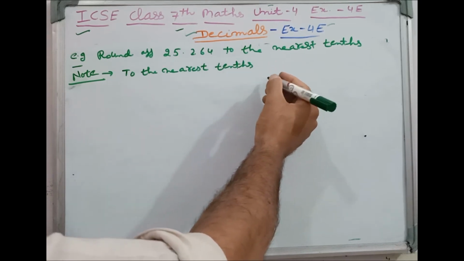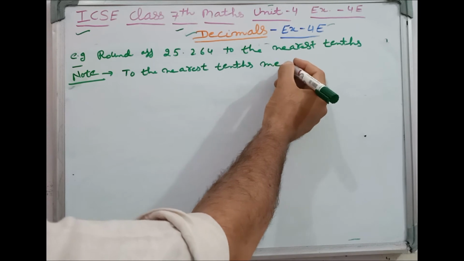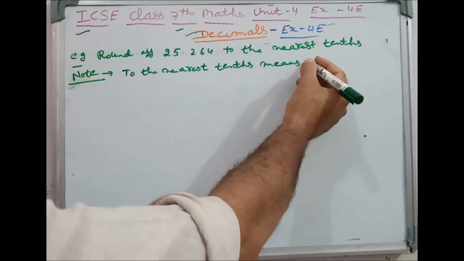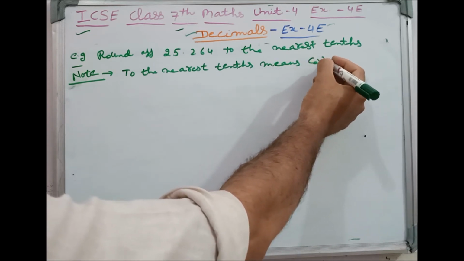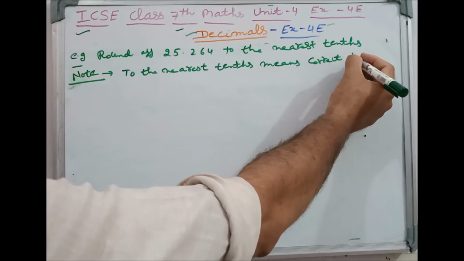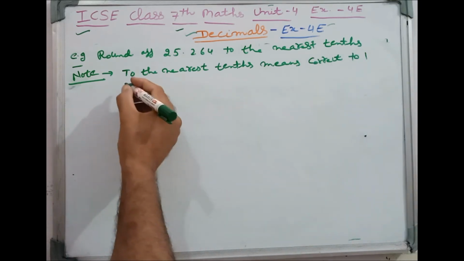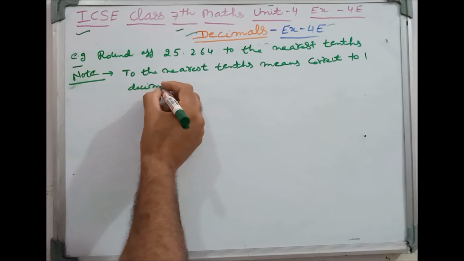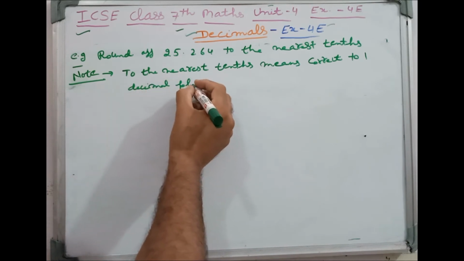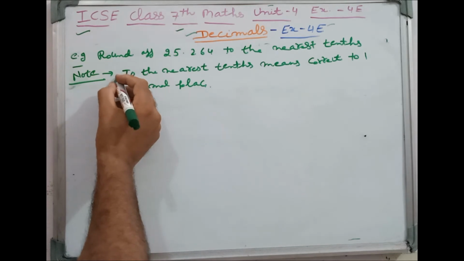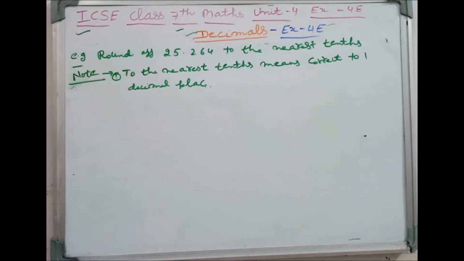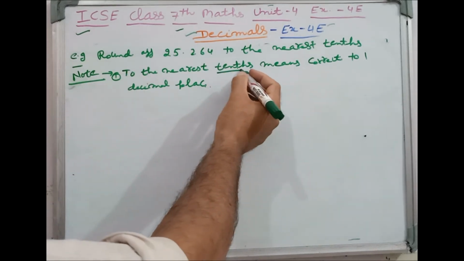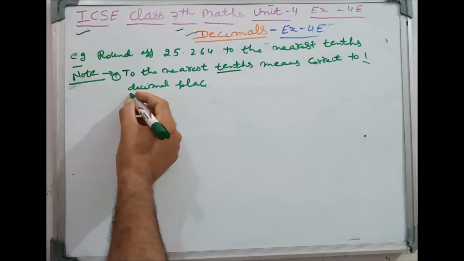Tenths means correct to one decimal place. You have to keep in mind the first thing here: to the nearest tenth means only one decimal place.